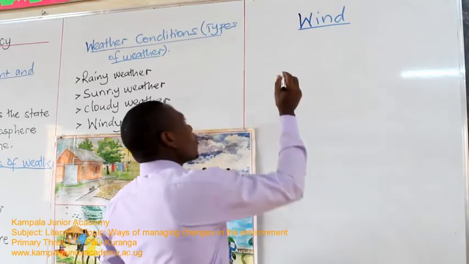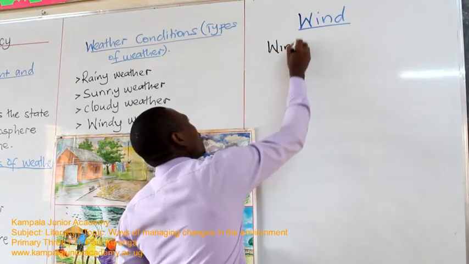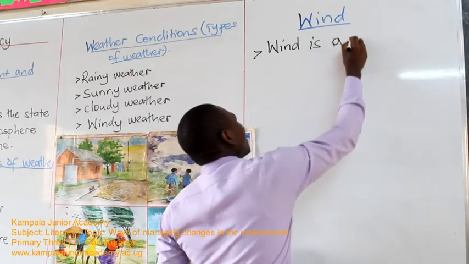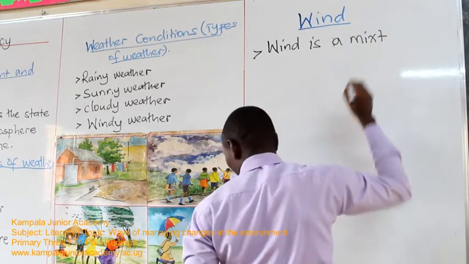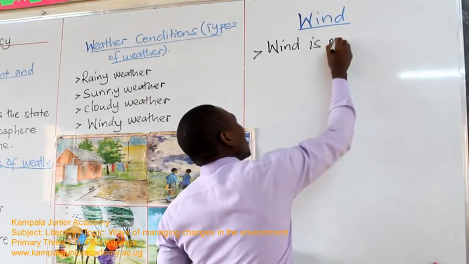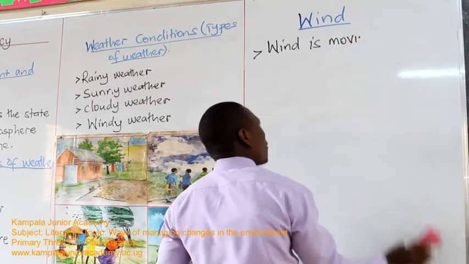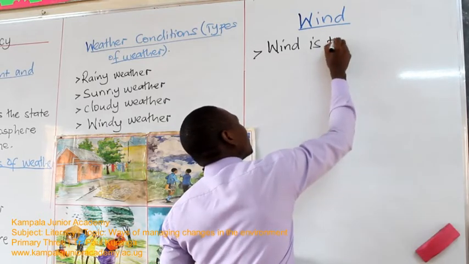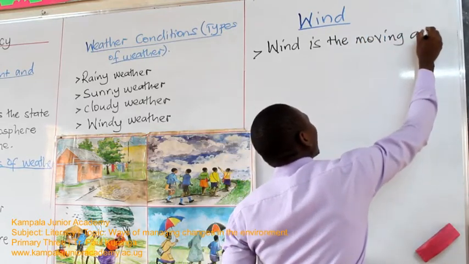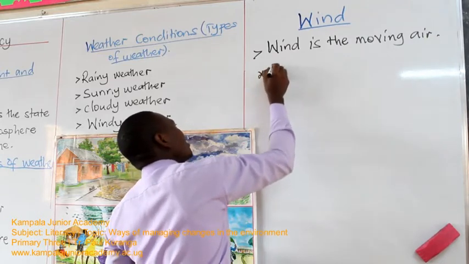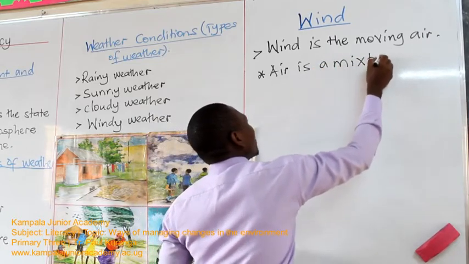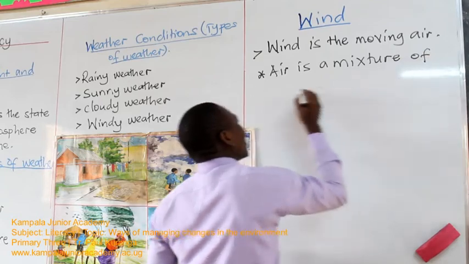But let us first define wind. We have defined wind as the moving air, and air is a mixture of gases.